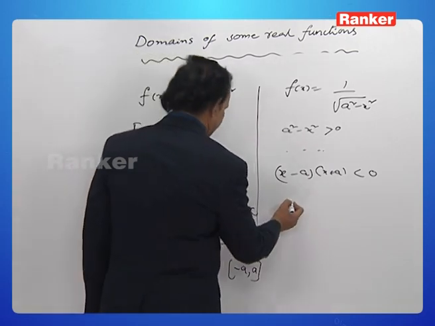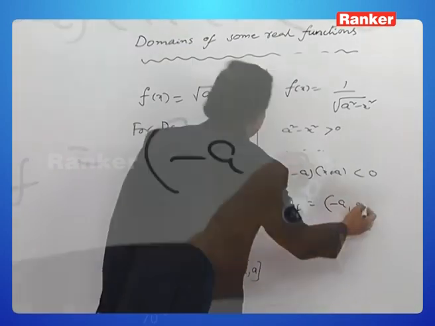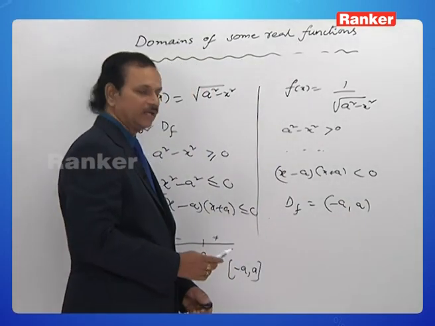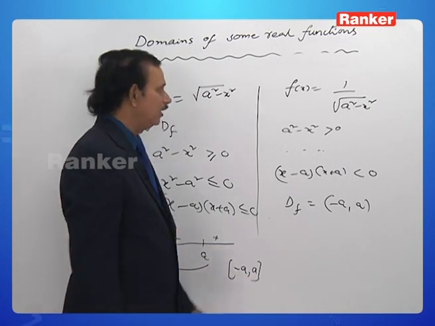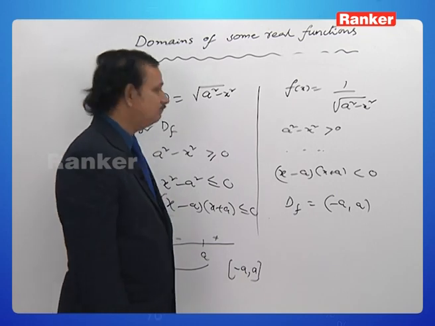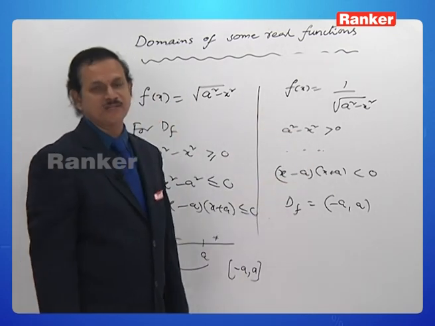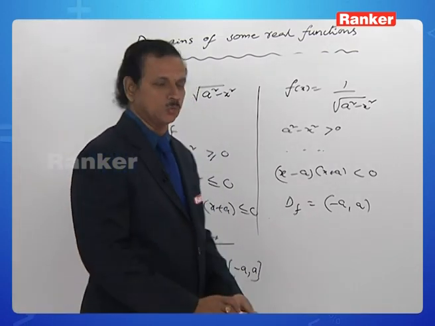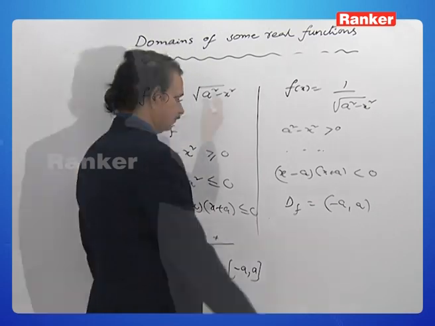Thereby, the domain of f is the open interval minus a to a. Here it is the closed interval minus a to a. In a similar fashion, we will be able to get the domain for root x square minus a square and 1 by root x square minus a square also. Let us write the domain for those two functions now.